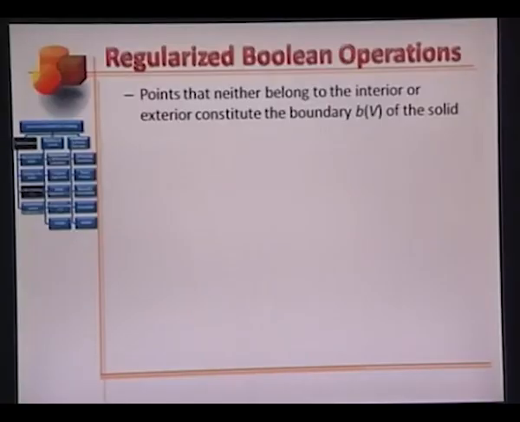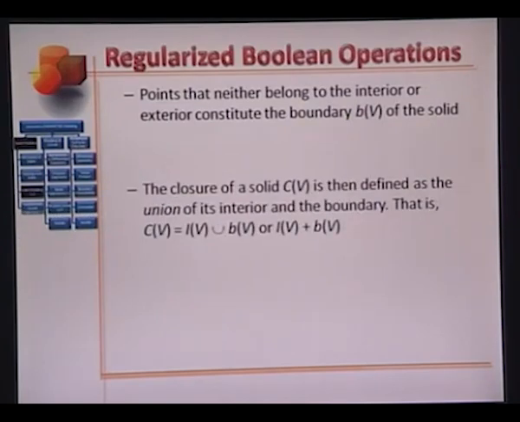These are definitions that we have seen in one of the previous lectures. Points that neither belong to the interior or exterior constitute the boundary B(V) of the solid. The closure of a solid C(V) is defined as the union of its interior and the boundary. That is, C(V) equals I(V) union B(V) or I(V) plus B(V).